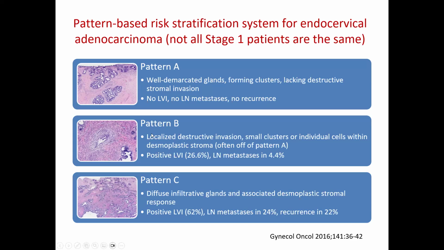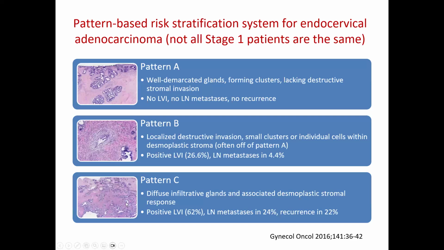If you call it pattern B, where you have localized destructive stromal invasion, they still have some positive LVI, and maybe some of them will get lymph node metastasis. Again, on a LEEP, that may guide the oncologist to maybe be more aggressive. So the pattern, as defined in your report on a LEEP, will tell the gynecologist where to go for the next step: radical hysterectomy with lymphadenectomy versus simple hysterectomy with no lymphadenectomy.